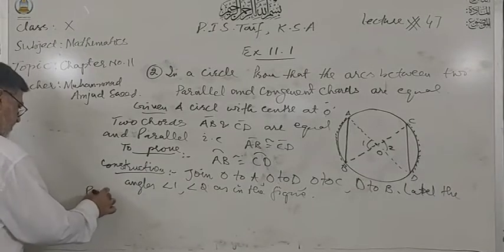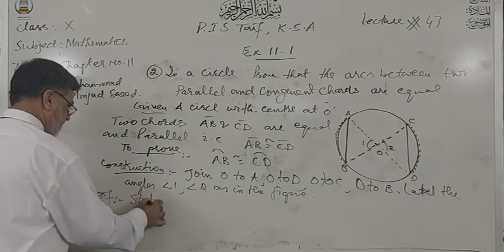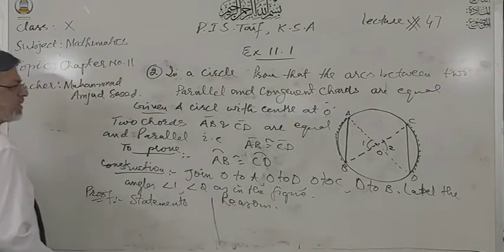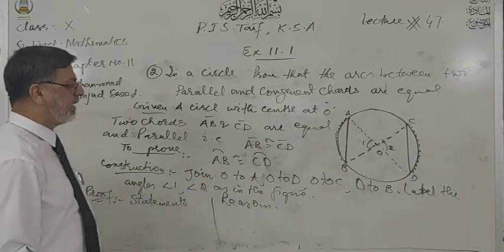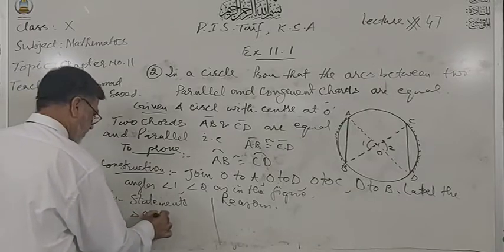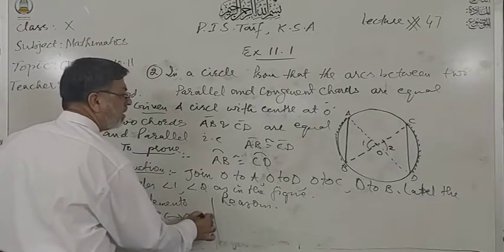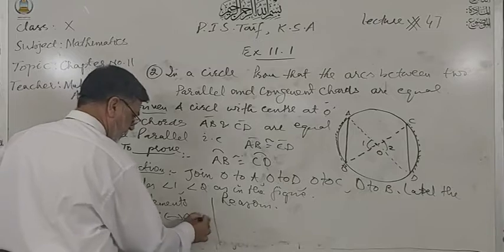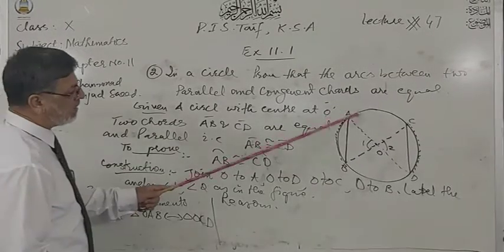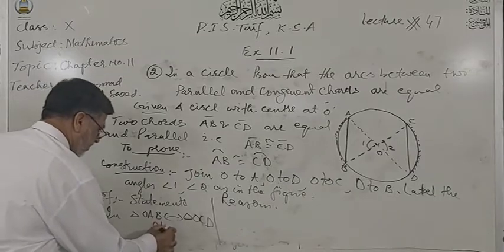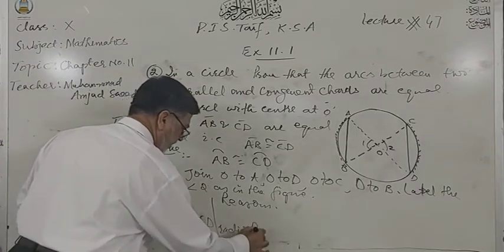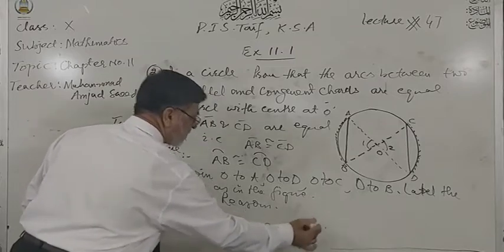Now proof. Statements and reasons. In the correspondence of triangle OAB and triangle OCD, OA is congruent to OD, radii of same circle.